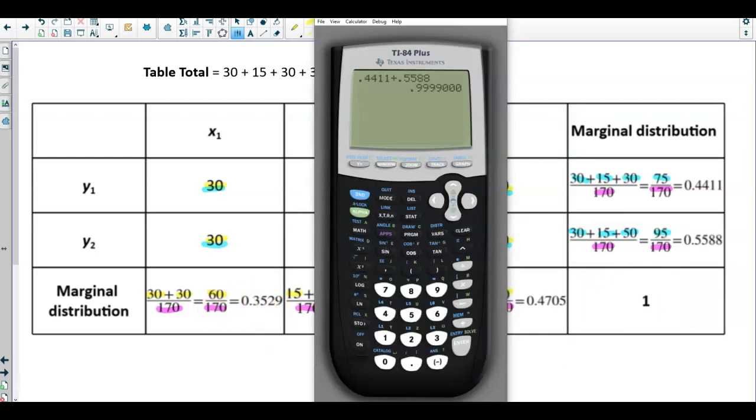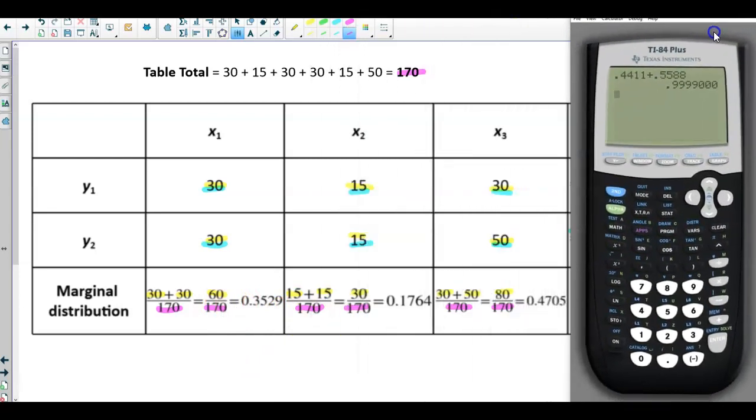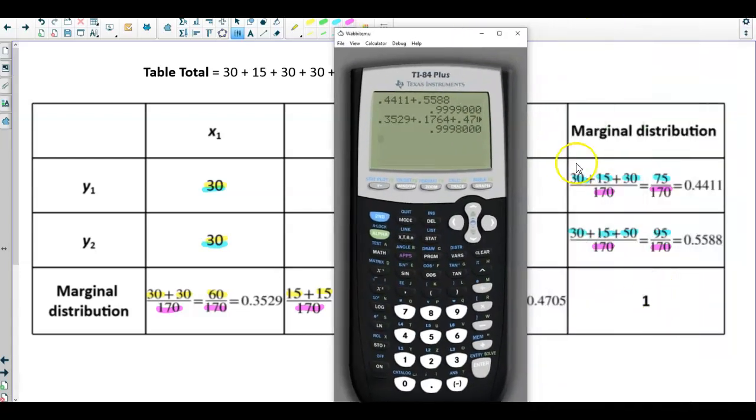And then likewise, we're going to add the totals in that bottom row just to verify what we get: 0.3529 plus 0.1764 plus 0.4705, and that gives us a value that rounds to 1 as well.